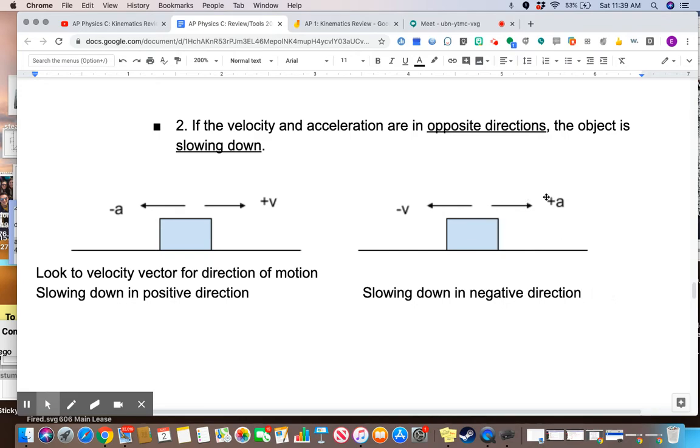We get the direction of the acceleration from the free body diagram. If velocity and acceleration have the same sign, then the object speeds up. If the acceleration and the velocity have opposite signs, then the system or object slows down. Okay. Good question.